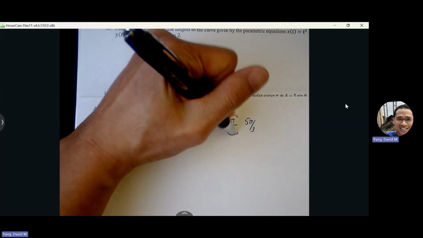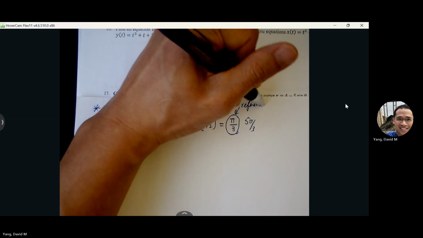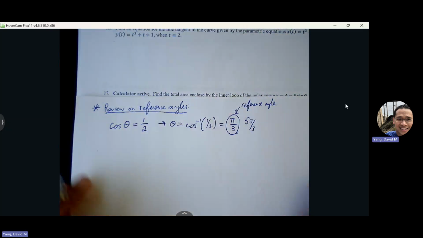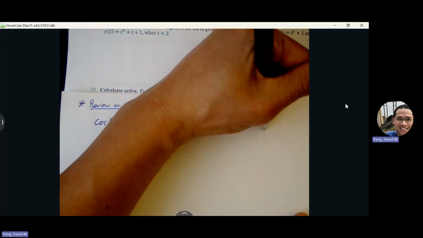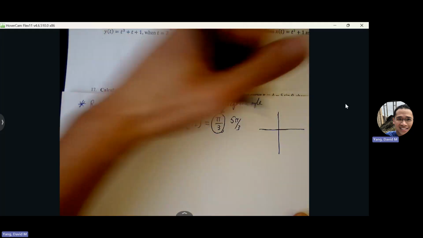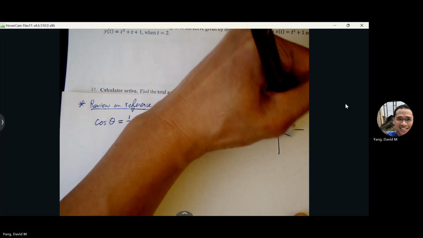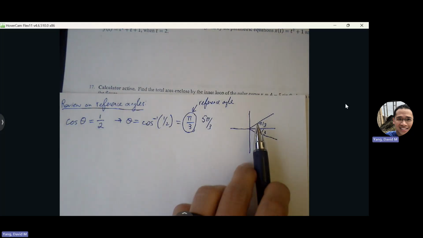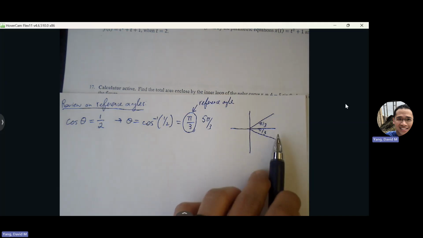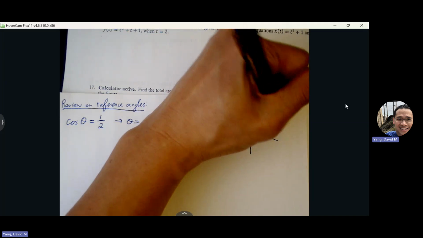But I just want to point out that this pi over 3 is the reference angle. And we know that cosine is positive in the first and fourth quadrant. So the reason that we're able to get to that 5 pi over 3 is because we are taking that pi over 3 and subtracting it from 2 pi to get to the fourth quadrant, right?